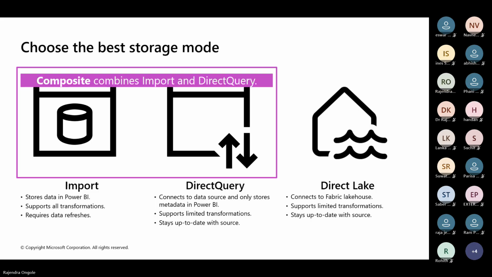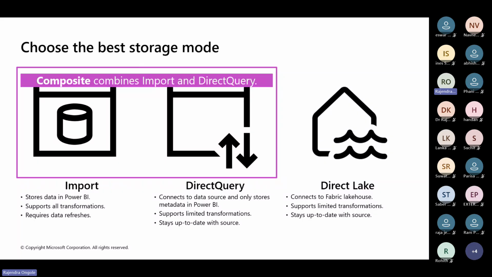If you are combining a few tables, most of the time what we do is take the fact table, which is holding the huge data, as DirectQuery. Dimension tables or categorical tables, we use the import method. So it's a combination of two storage methods, import and DirectQuery, and we call it a composite model.